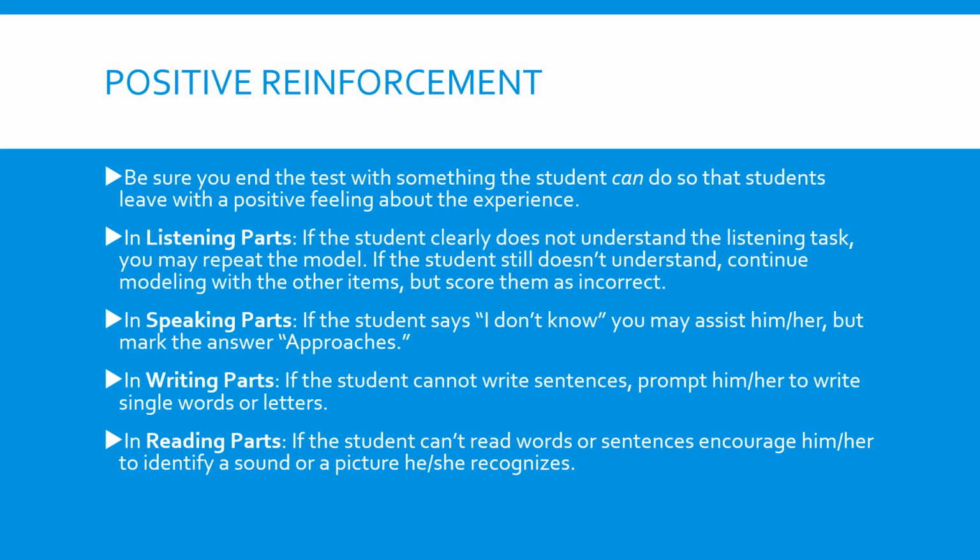In speaking parts, if the student says, "I don't know," you may assist him or her, but mark the answer approaches. In writing parts, if the student cannot write sentences, prompt him or her to write single words or letters. In reading parts, if the student can't read words or sentences, encourage him or her to identify a sound or a picture he or she recognizes.